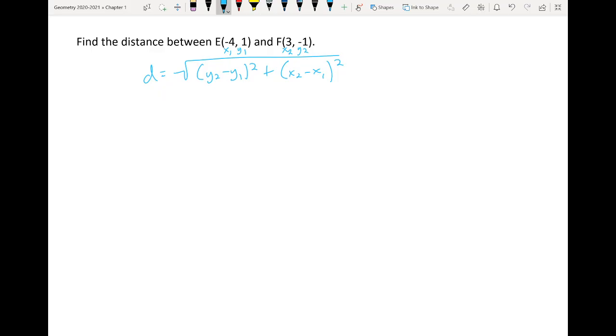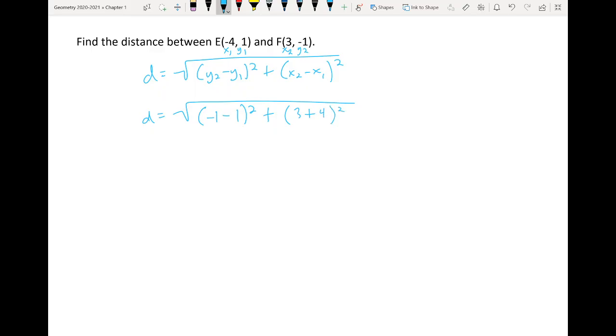Now we're going to rewrite this and plug in all of our numbers, substitute in. So our difference of y sub 1, which is -1, minus y sub 2, which is 1, squared, plus x sub 2, which is 3, minus -4.